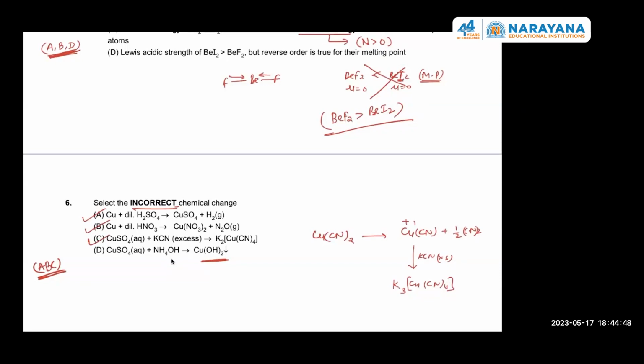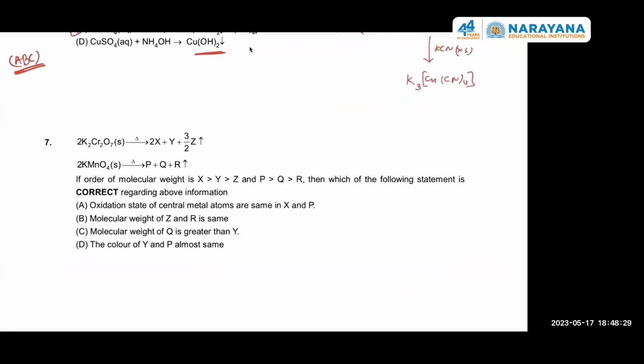We will not take it as excess because in certain cases, whenever excess is written, we get another answer, and in case of limited supply, we get another answer. So excess should be mentioned, like in the C option, KCN excess is given. Okay, Vishwat is getting answer A and B.